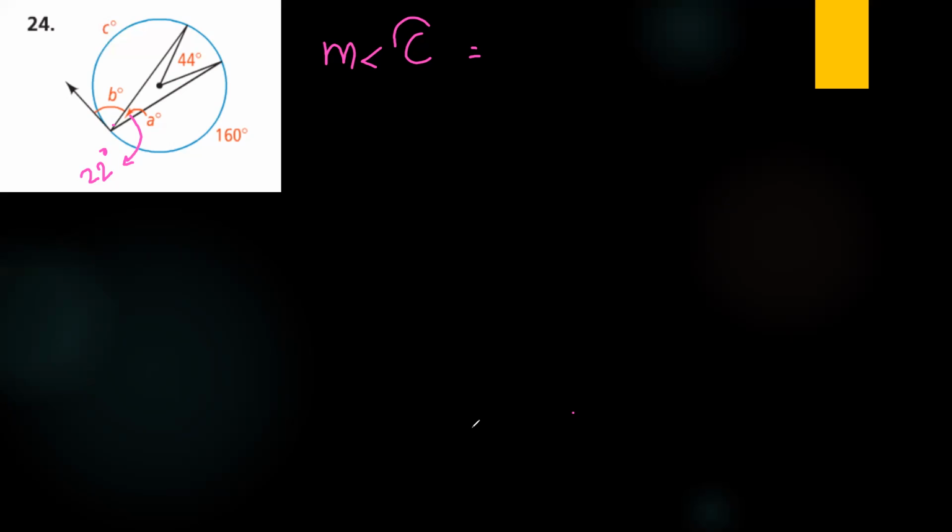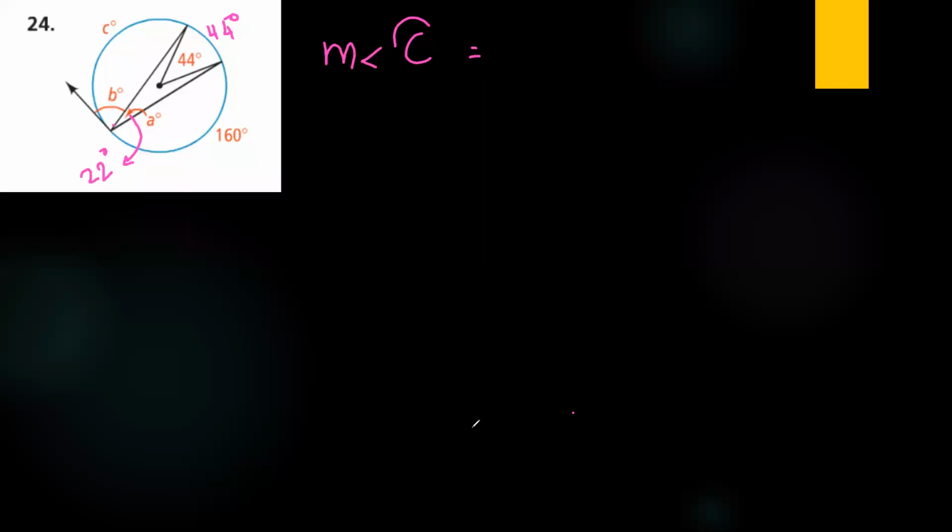From this point 160, and this is 44 because we said it is the same as the measure of the central angle. So 160 plus 44 plus arc C would be 360. Oh yeah, I thought that was the diameter. I'm sorry.